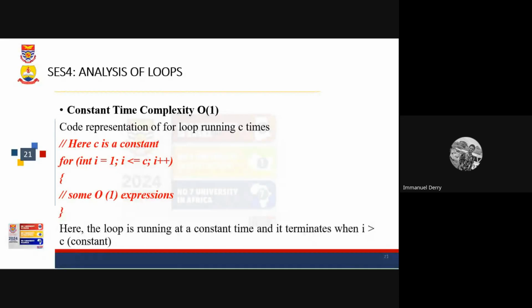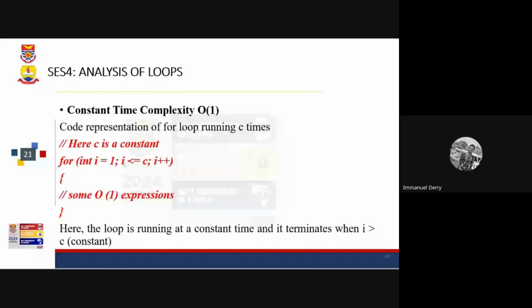And as I was saying earlier, it is very important for you to pay attention to what is in here so that you can evaluate the loop more effectively. You know all these: the initializer, the condition, and then the increment operation.